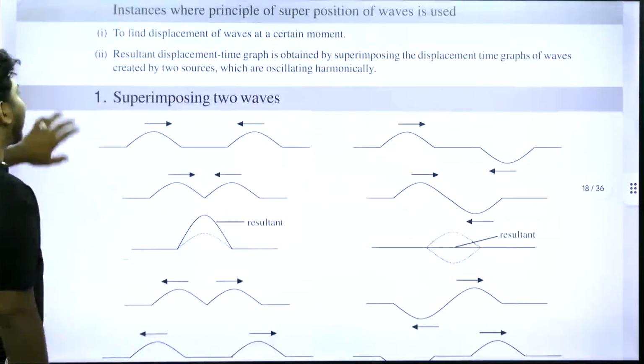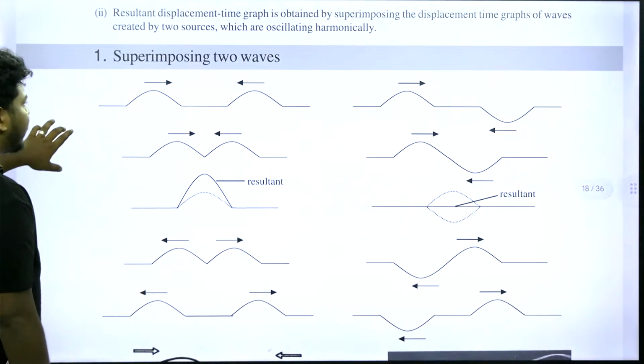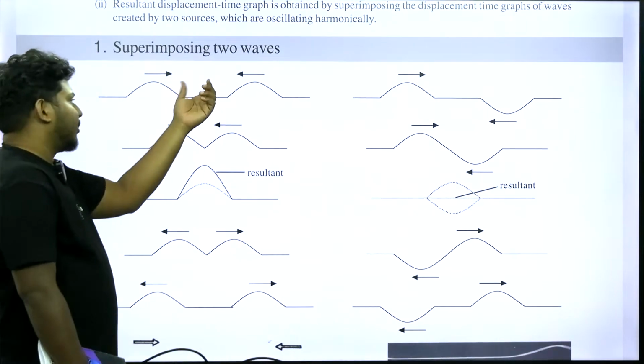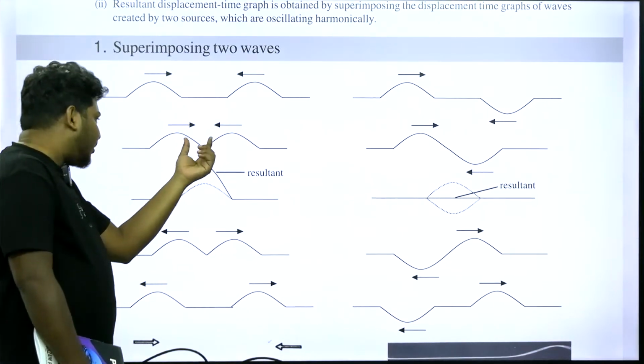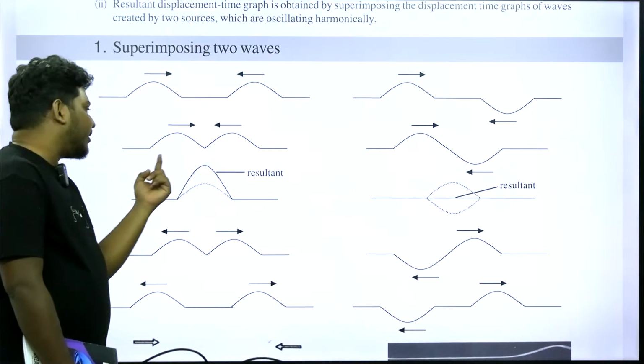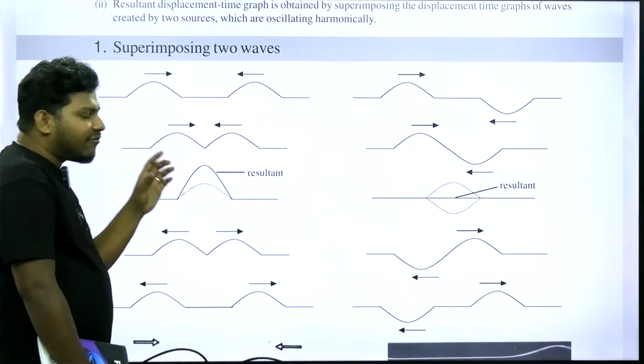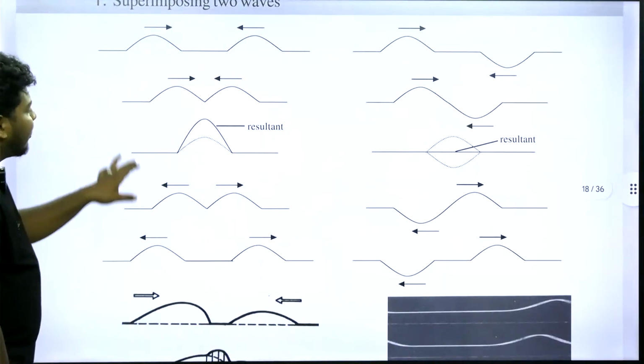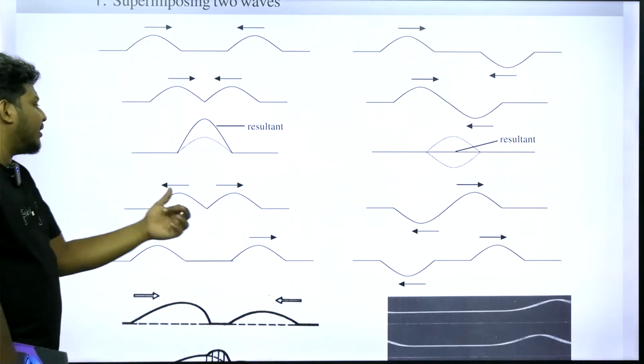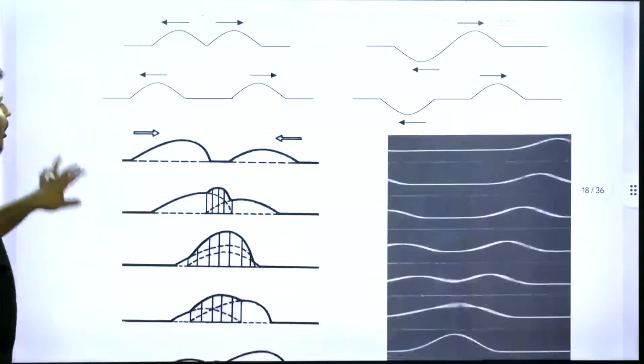Look at this one, superposition of two waves. Two waves are coming, guys, and they are meeting together. And this is the resultant. After the resultant, it will move in this direction. So this is how it will happen.